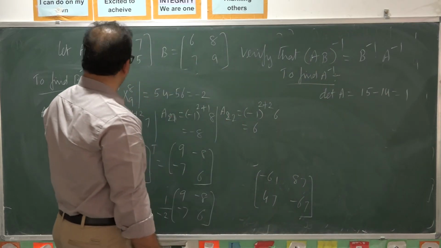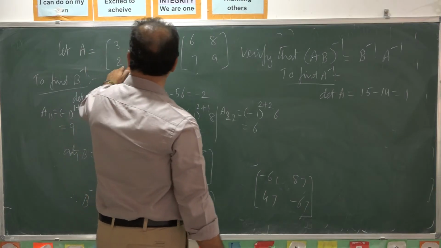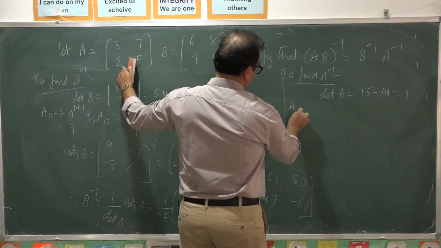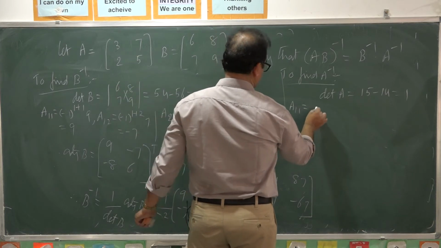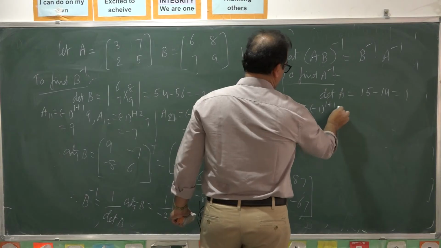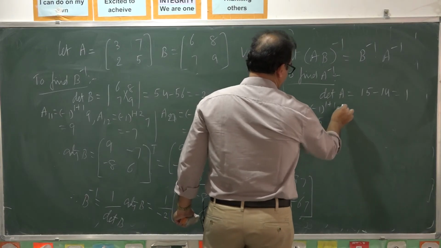Similarly, you find cofactors of all the elements. A11 is equal to minus 1 to the power of 1 plus 1 into 5, 5.